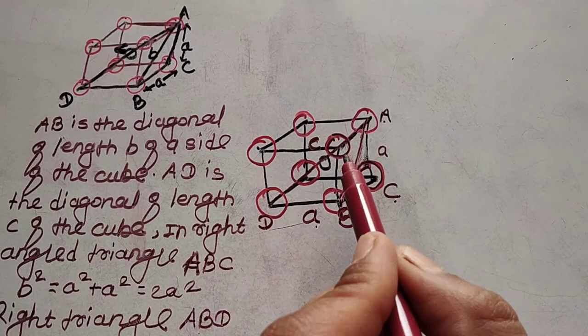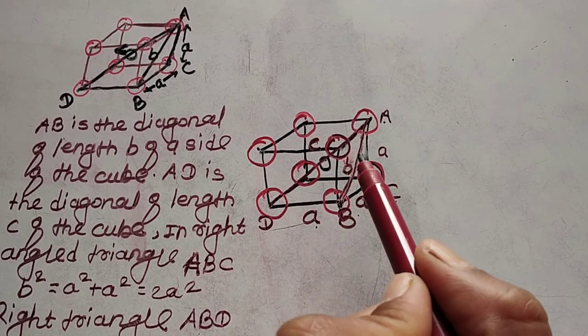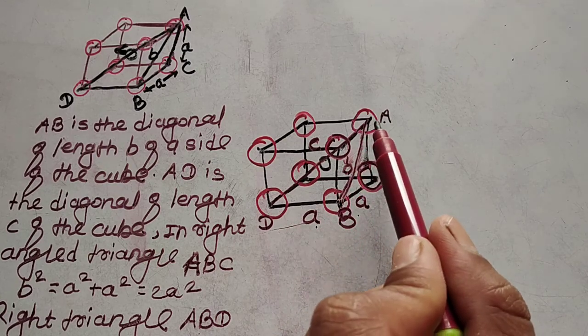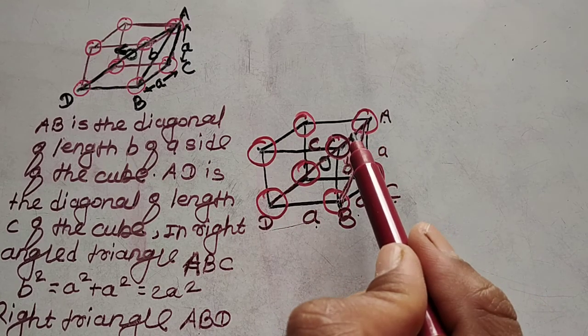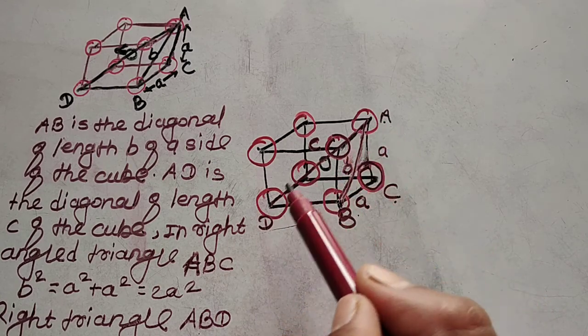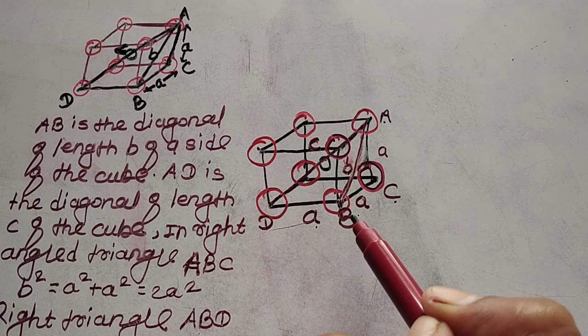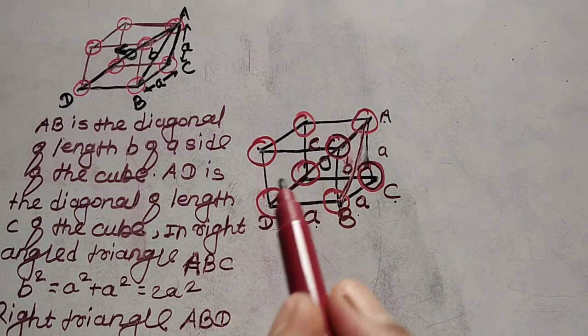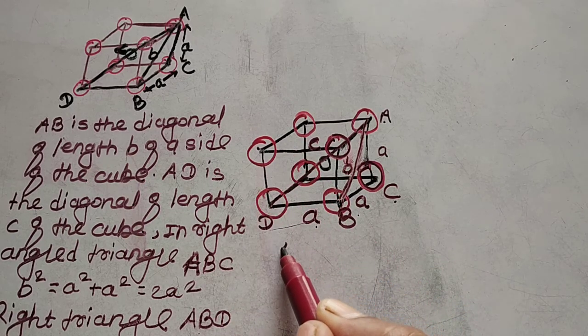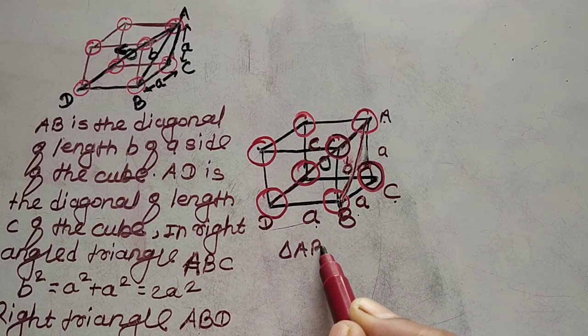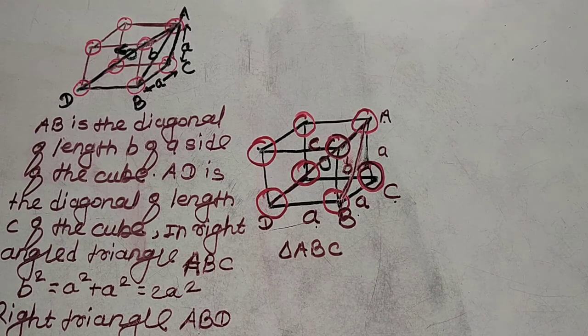You can see here there are two right triangles, triangle ABD and triangle ABC, and two diagonals, AD and AB, of the cube. In right triangle you can take triangle ABC.